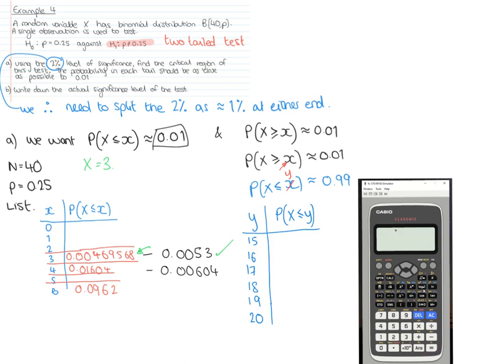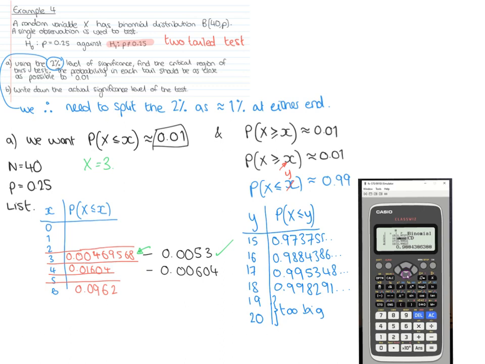And it's still 40 and 0.25. Then we're looking for the one which is closest to 0.99, because you want above this value to be 0.01. So it's going to be between those two and we work out which is closer to 0.99.